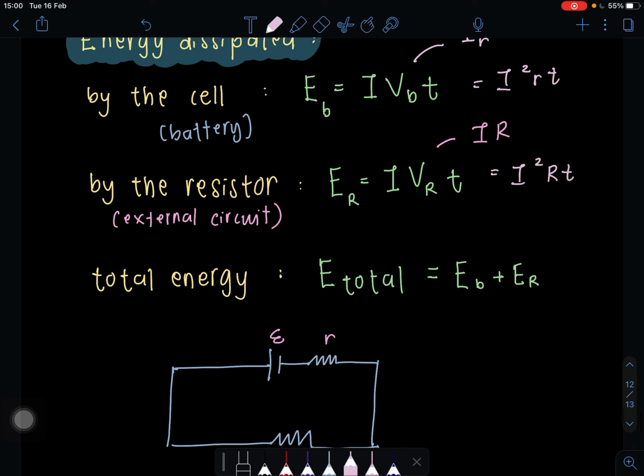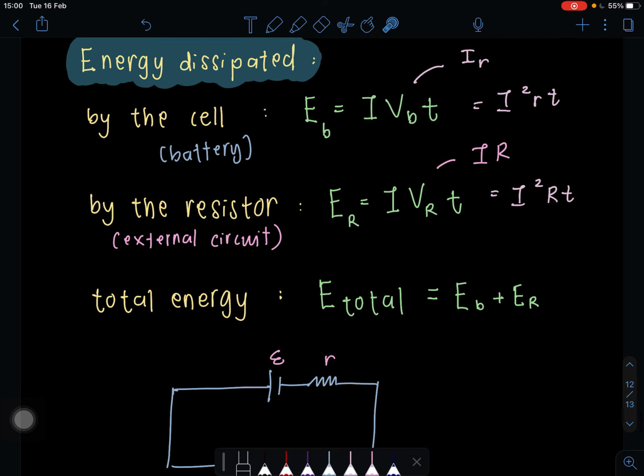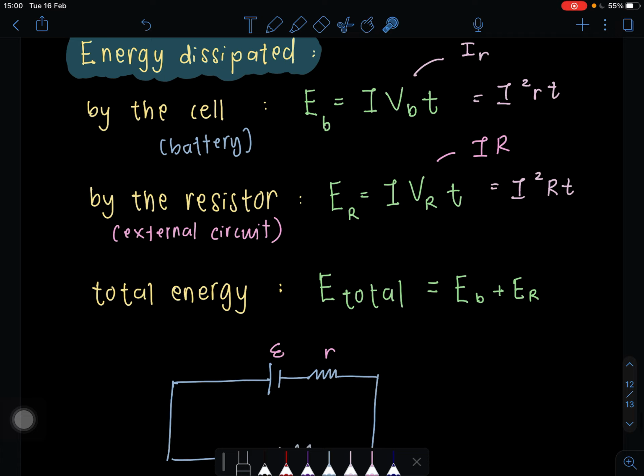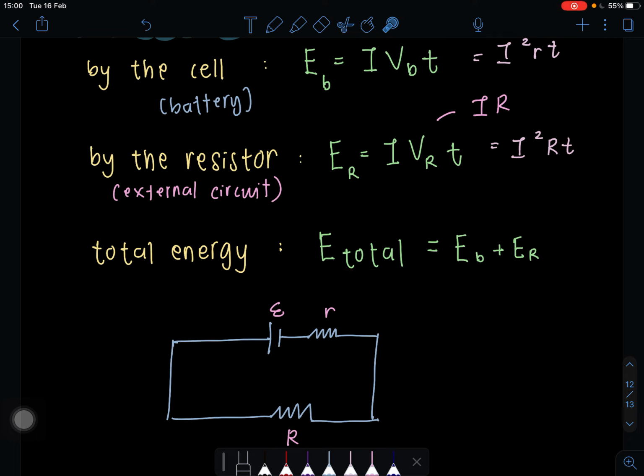Okay. Now, if the question asks, what is the total energy dissipated? If it is the total, it means we have to add the energy dissipated in the battery and the energy dissipated in the resistor. Okay, since here it is the total, which means, we know that EMF is actually the total of VB plus VR.